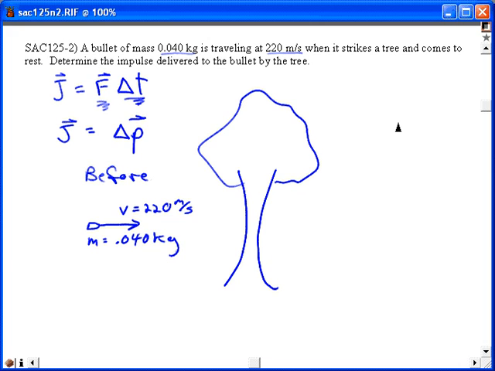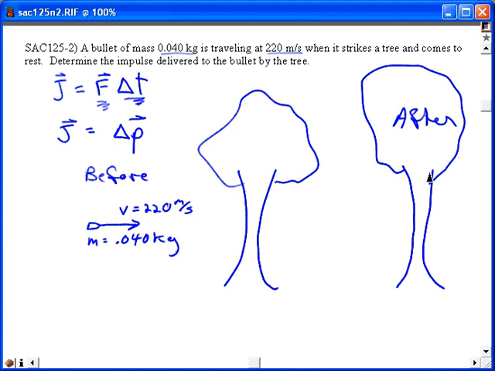In the after picture, we have the tree with the bullet stuck in it. I'll call that V2 for the bullet being equal to 0, and I'm going to call this V1.